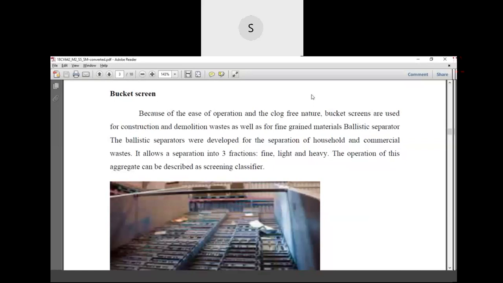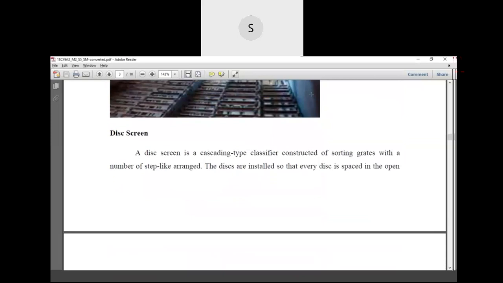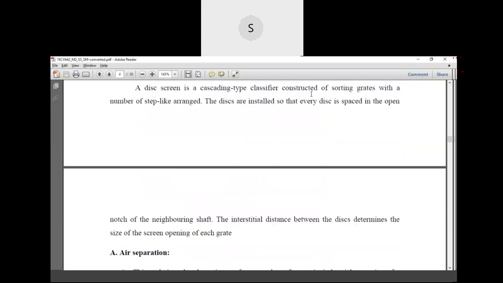This screen is a cascading type of classifier constructed of strong grades with a number of step-like arrangements. The discs are installed so that every disc is placed in the open notch of the neighboring shaft, so that the interstitial distance between the discs will determine the size of the screen opening that allows the particles to drop on the grate.